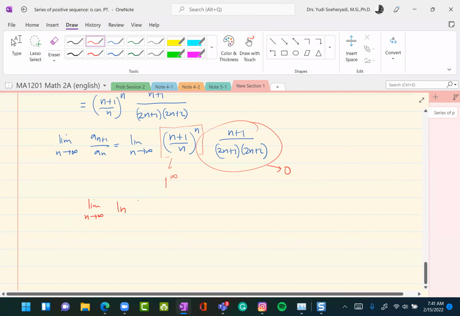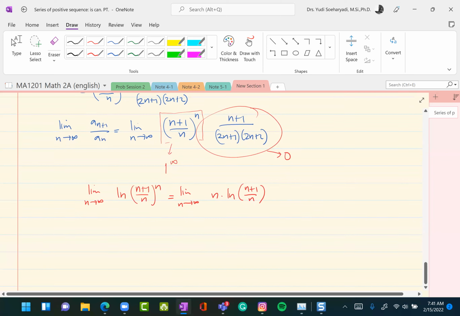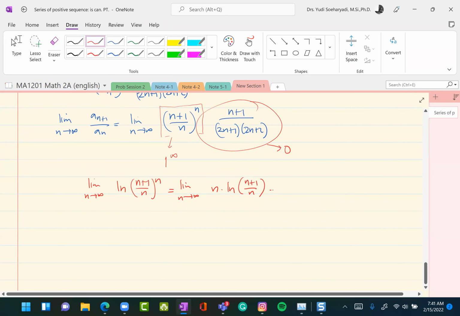You compute the ln, of course. So what you compute is actually n times ln of this. Because this is of the form, this limit goes to 0 and this goes to infinity, so it's still an indeterminate form.